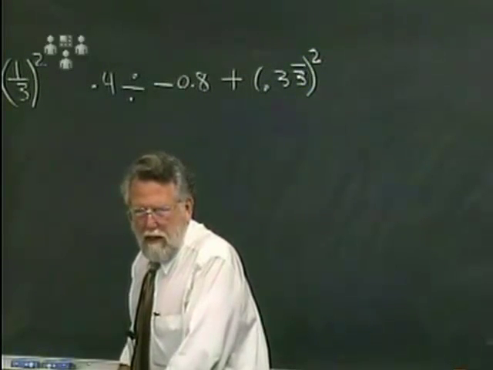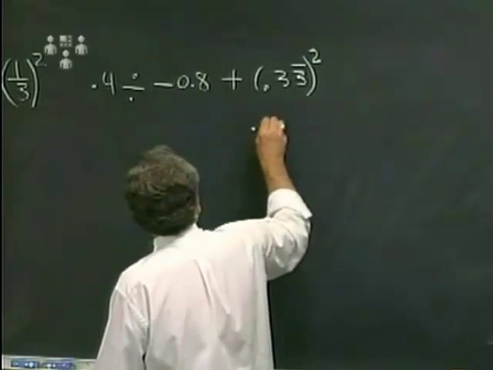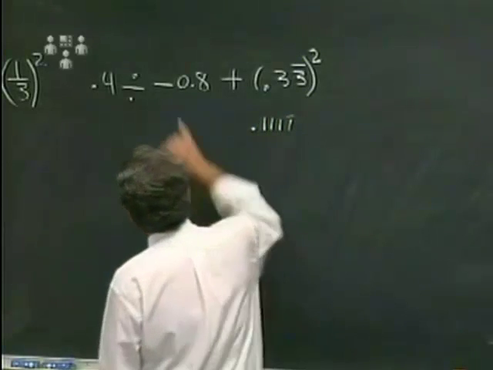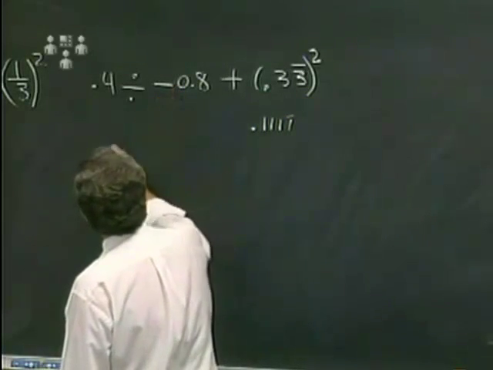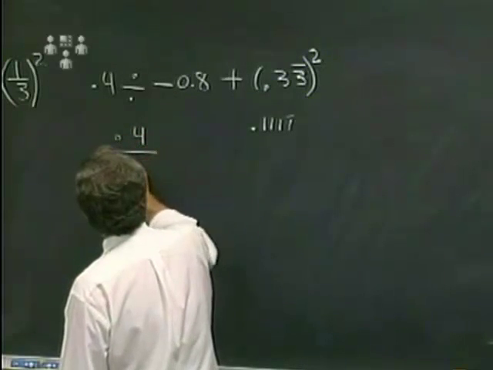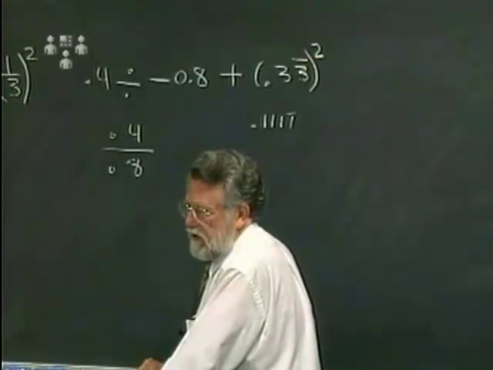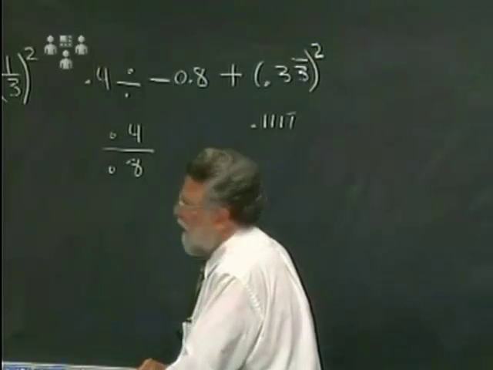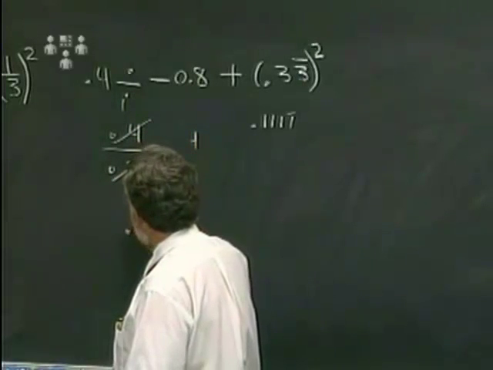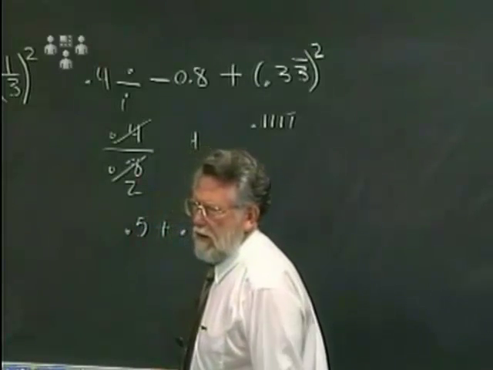But 1/3 squared is 1/9, and 1/9 is 1's forever. So this is just going to come out a bunch of 1's forever. This part, I need to do the division, so I'm going to rewrite that as 0.4 over 0.8. That's a division. And this becomes 1/2. So I have 0.5 plus 1's forever.